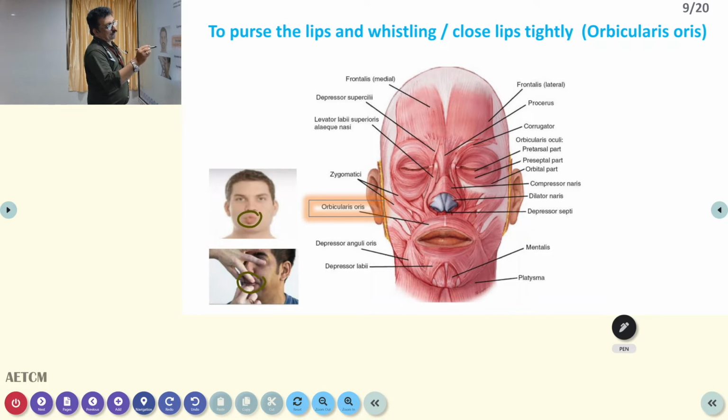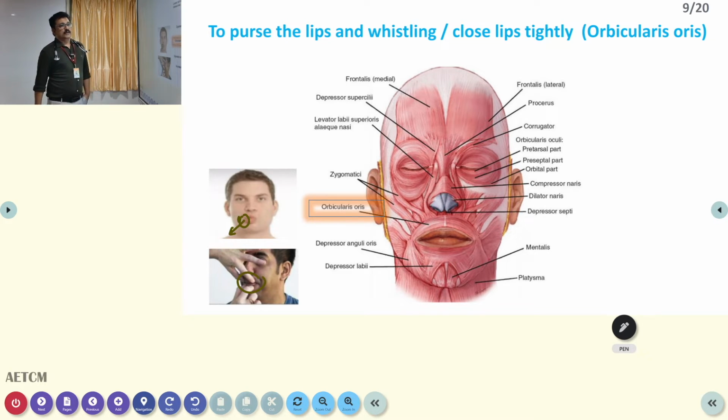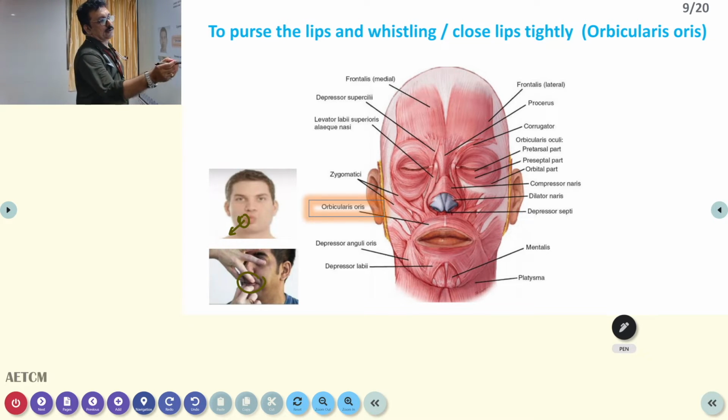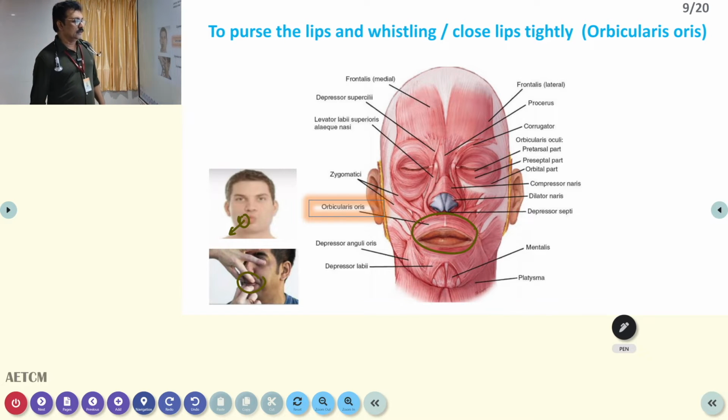If the patient is trying to whistle, you can see one side will not be closed properly, and through that air will come out. So that also you can test, that is orbicularis oris, the muscle around the oral cavity. That muscle is also controlled by the facial nerve.